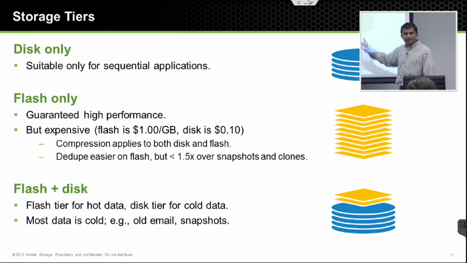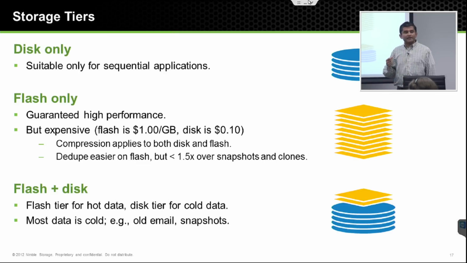The problem is that flash is expensive. Okay. So an enterprise-grade, high-density hard disk is roughly 10 cents per gigabyte today. And the cheapest flash, and I'm talking about consumer-grade MLC here, is about $1 per gigabyte. So that's a 10x difference.